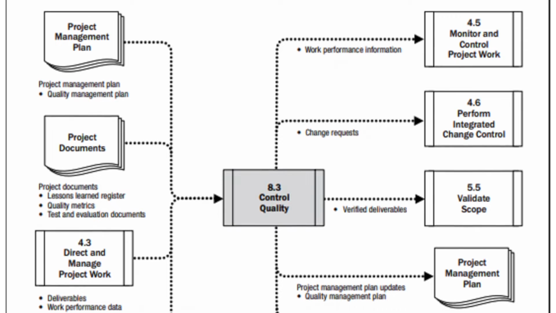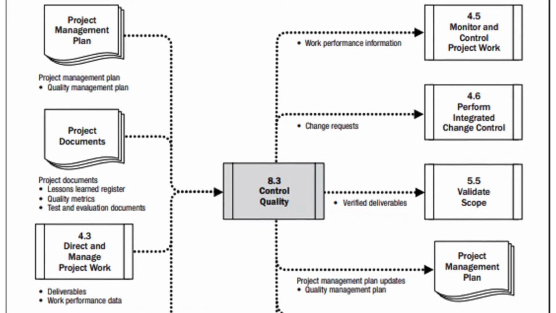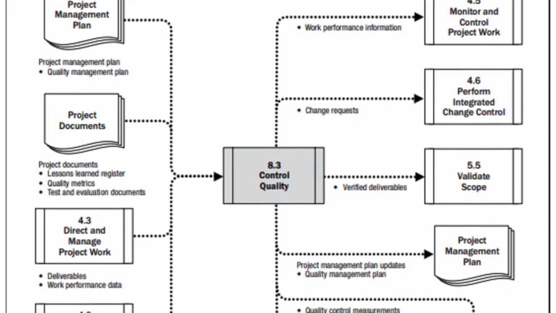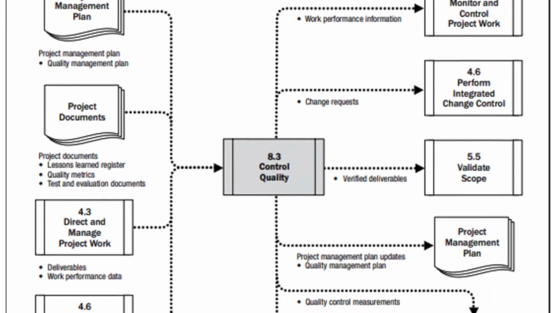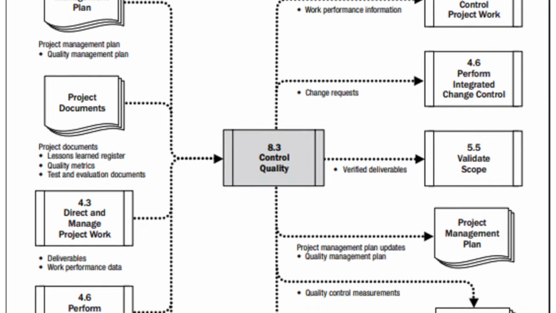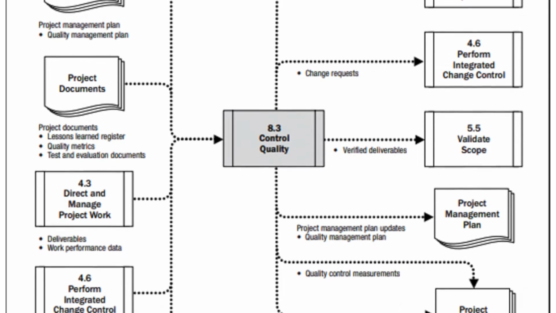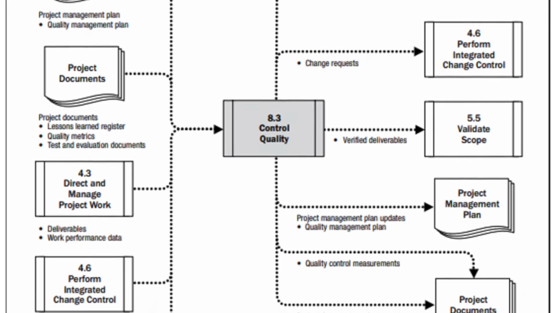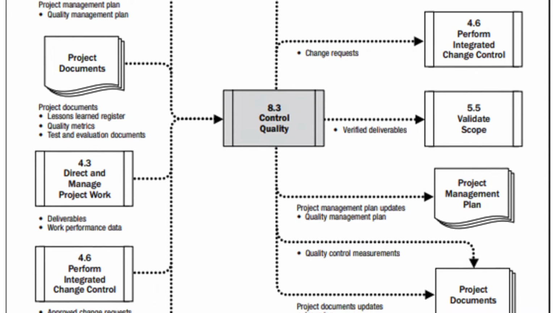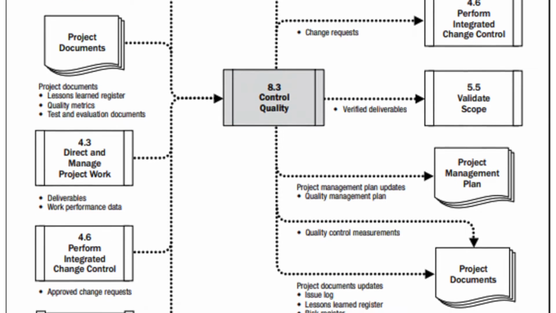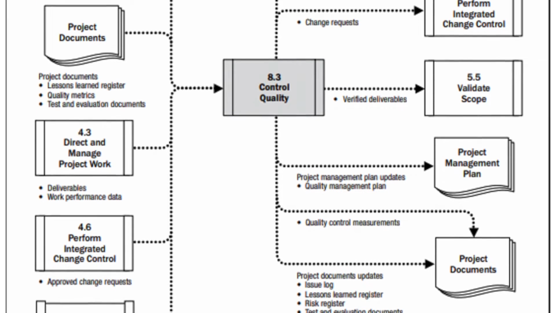The key benefit of this process is verifying that project deliverables and work meet the requirements specified by key stakeholders for final acceptance. The control quality process determines if the project outputs do what they were intended to do. Thus, outputs need to comply with all the applicable standards, requirements, regulations, and specifications.